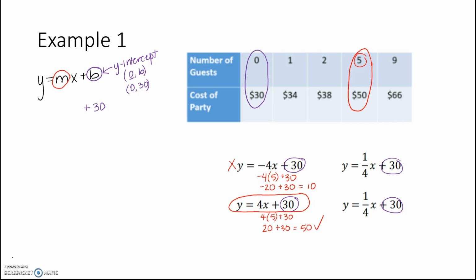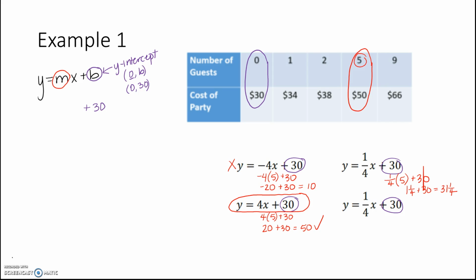If we double check over here, again, we'd plug in 1/4 over 5 plus 30. Well, that would be 5 over 4, which is 1 1/4, plus 30 is 31 1/4. And these are both the same. So that is our equation, y equals 4x plus 30.